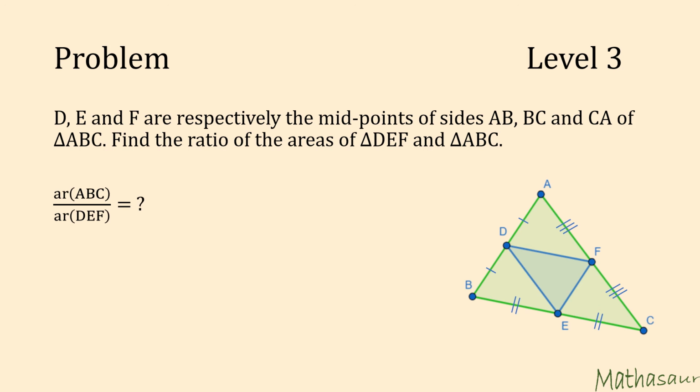Now all we have are midpoints. So let us recall the midpoint theorem. If a line is drawn parallel from the midpoint of one side, then it bisects the other side. Also, we know that such a line segment is half the length of the parallel side.